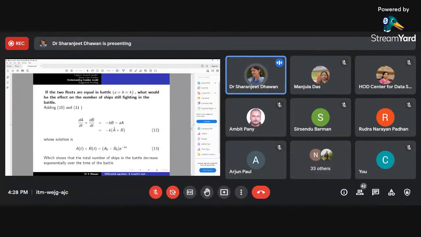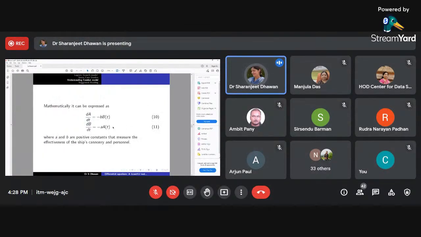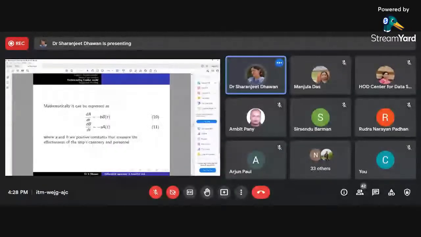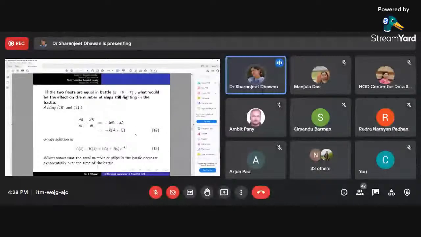Now we want to know, if the two fleets are equal in the battle, that means A and B are equal, let us say we take some constant value, say K. What would be the effect on the number of ships still fighting in the battle? If we add these two equations, we get equation number 12 of the form.